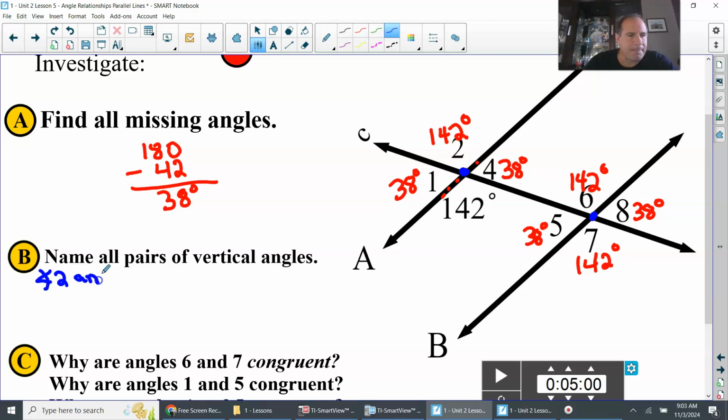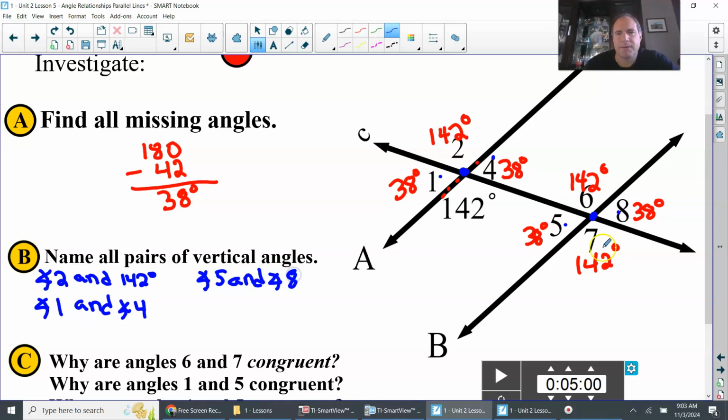Angle 1 and angle 4, vertical. Angle 5 and angle 8, they meet in the middle. Angle 6 and angle 7, and that's it.